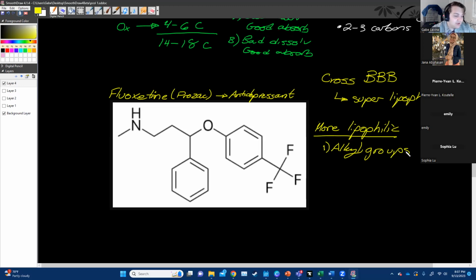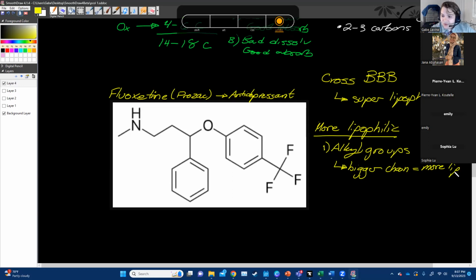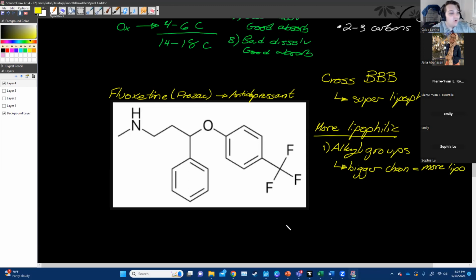So you add methyl, ethyl, butyl, whatever it is. The bigger the chain, the more lipophilic. So if you add a decane chain, that's way more lipophilic than if you had an ethane chain. The other thing that you can add is phenyl groups.